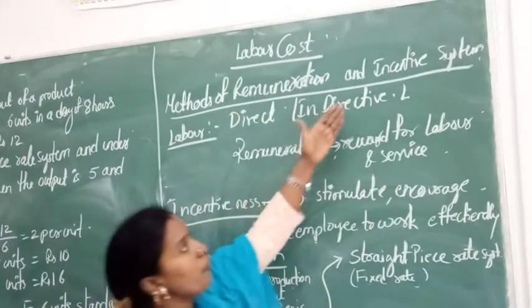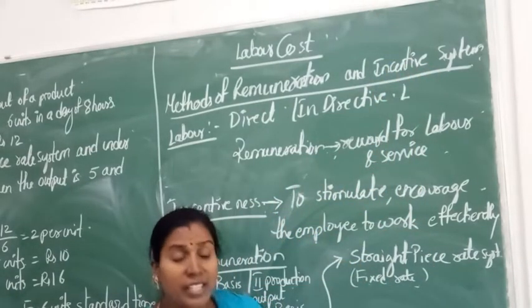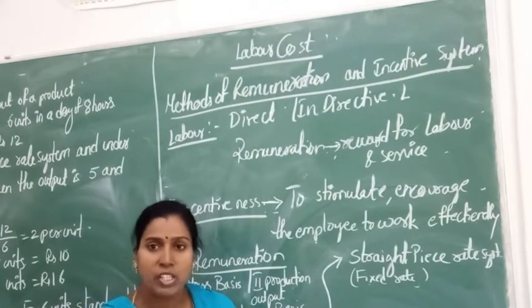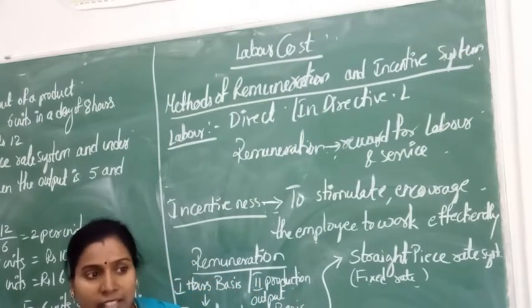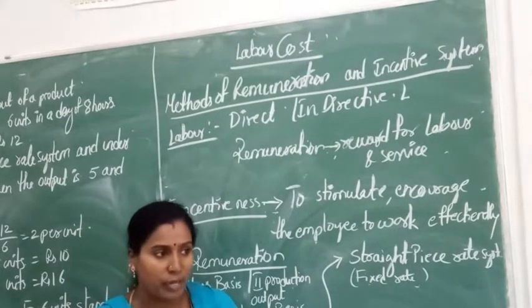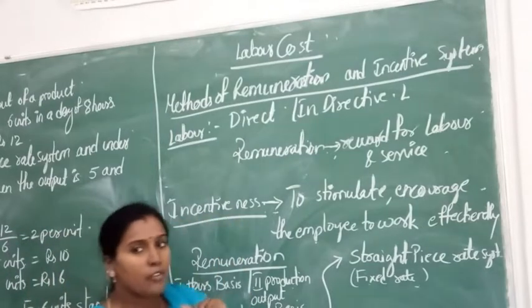So what is the meaning of incentive system? There are some conditions on what basis they are going to give the remuneration to the laborers. That systematic flow, or the conditions on which they pay, comes under incentiveness. So what is the meaning of incentiveness?